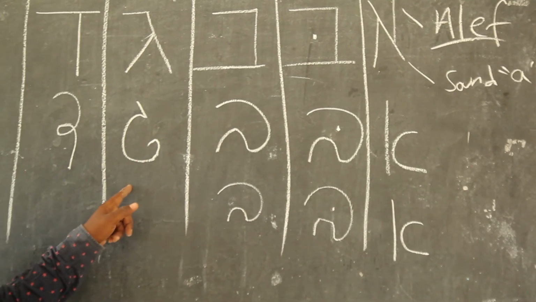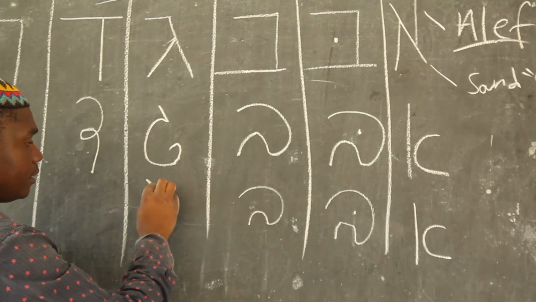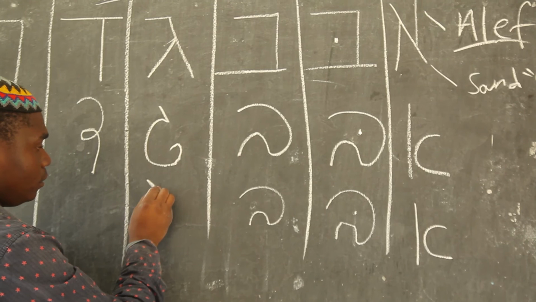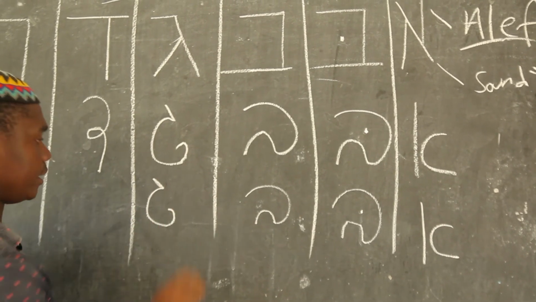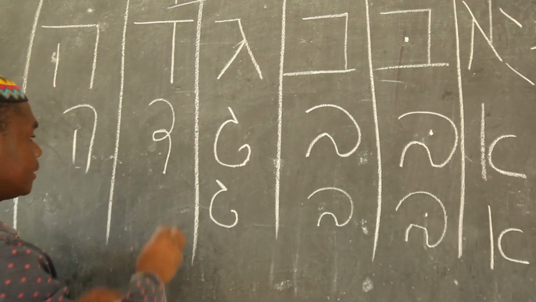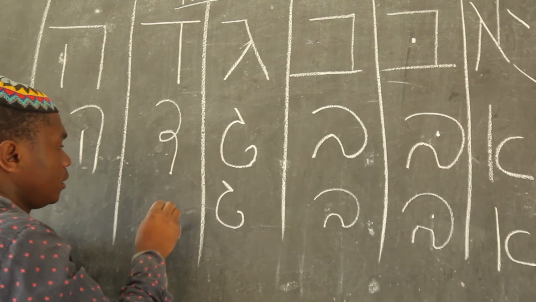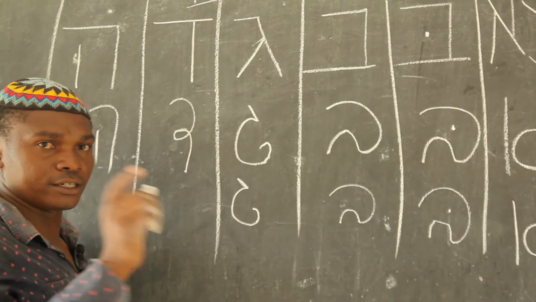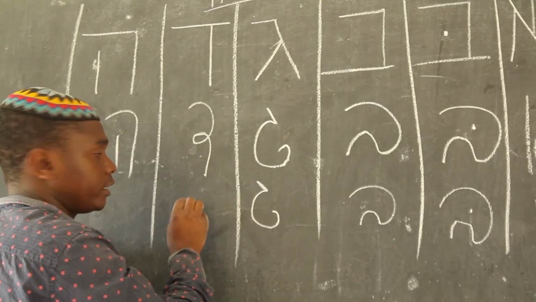Gimel, you draw something like a small line, then you make a very big stomach, and it ends that way. That is Gimel. Dalet is something like a 3, but it's not so perfectly written as 3, and we write it like this.